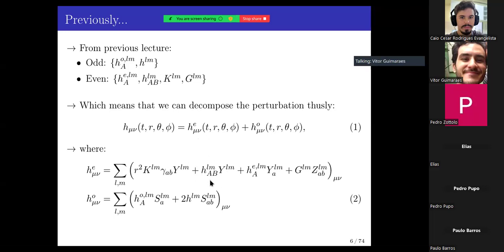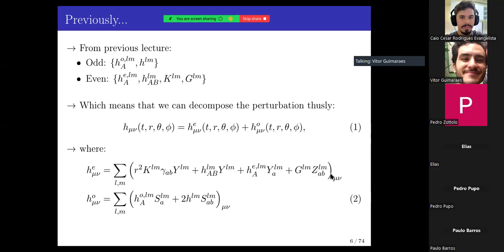Here we have another even function, which is also multiplying the scalar spherical harmonics. And you see why we have this relation: the even functions are components per se of the basis of the even basis elements.